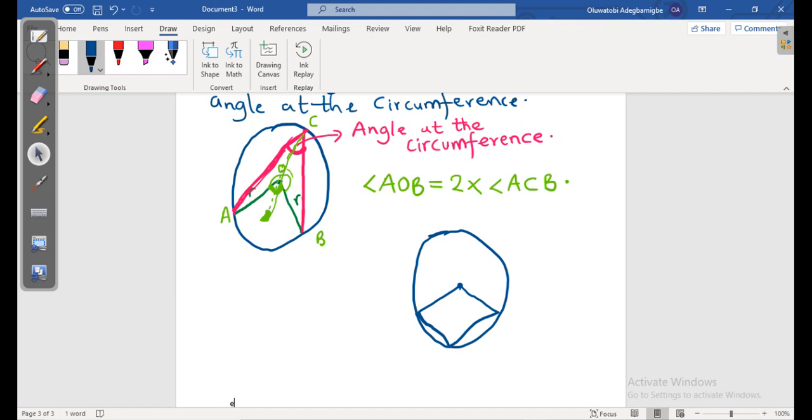Now, this is center O, this is A, this is B, this is C. This OA and OB are radii. Definitely the angle that has nothing to do with the center is this angle here, which automatically becomes the angle at the circumference.